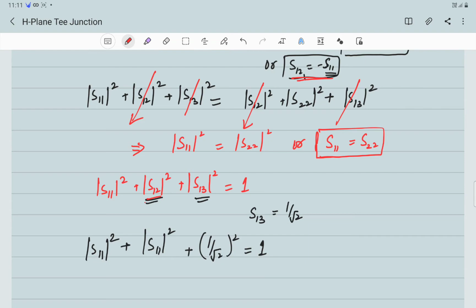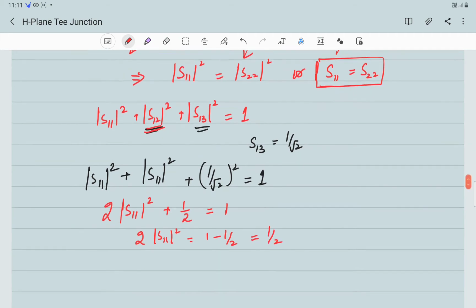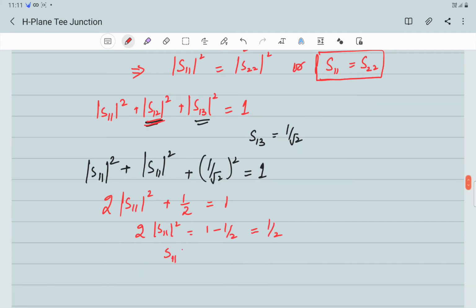So I am writing S11 instead of S12, and then square, because square will take care of the negative sign. So this becomes 2 times S11 square plus 1 by 2 is equal to 1. So 2 times S11 square is equal to 1 minus 1 by 2, which is 1 by 2. So S11 square is 1 upon 4 and implies S11 is 1 upon 2.